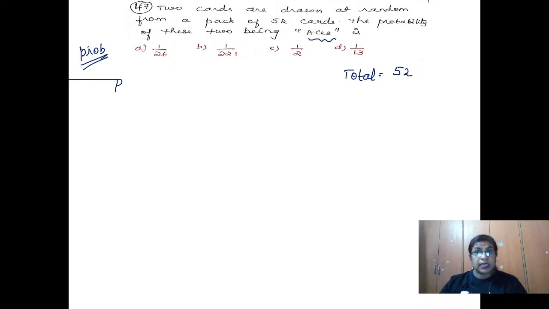So now here, what is asked is the probability of two cards being aces. How many ace cards are there in a pack of 52 cards?